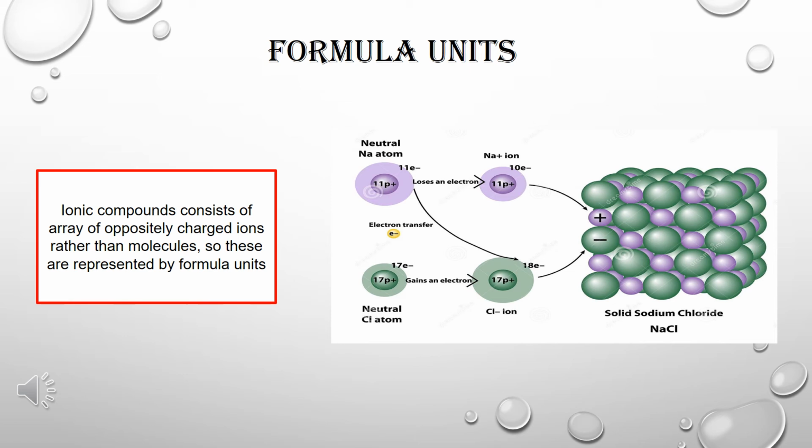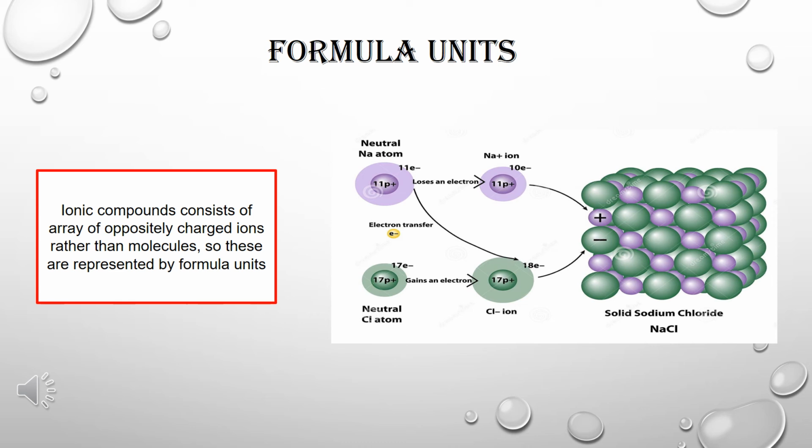Here in this figure you can see an example of an ionic compound, which is sodium chloride. Sodium chloride is made up of sodium ions and chloride ions, and now you know that sodium ions are positively charged and chloride ions are negatively charged. All the sodium ions in this structure are surrounded by the negatively charged chloride ions, and the chloride ions are surrounded by positively charged sodium ions, because opposite charges attract each other.